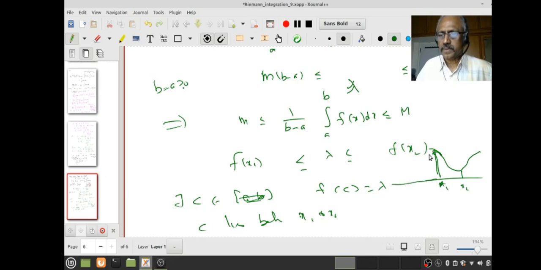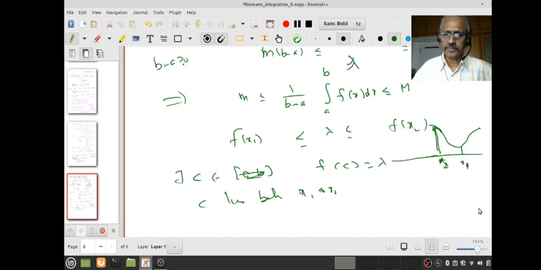Yes, this is my x2, this is my x1. So any c lies between x1 and x2 so that f of c is lambda. In particular, c lies in the interval [a, b], because x1 and x2 lie in the interval [a, b], so c also lies in it. Therefore what do you think I have proved? This lambda, namely this object, is f of c for some c in between a and b. So we have proved that result.